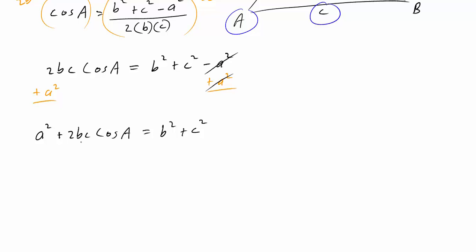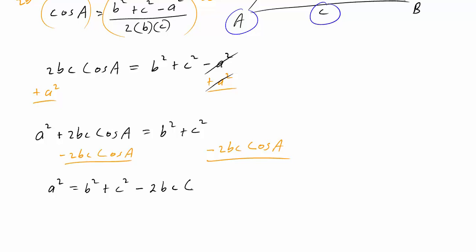Now we need to get rid of the 2bc cosine of A, so we simply subtract 2bc cosine of A from both sides of the equation. Then we would be left with A squared equals B squared plus C squared minus 2bc cosine of A.